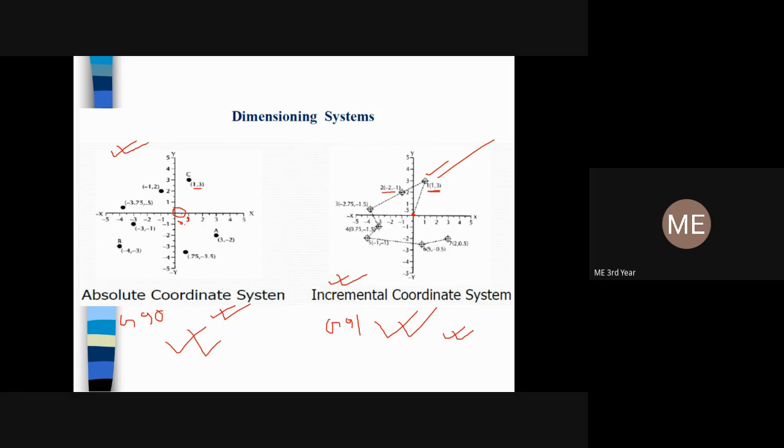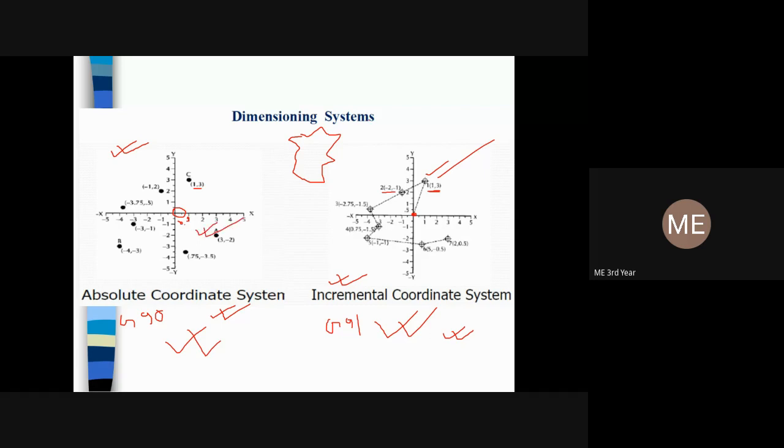But when a complex shape has a lot of coordinate points, like this type of gear, it will be very difficult to calculate all the points from the origin point.